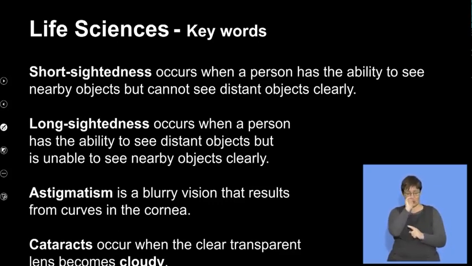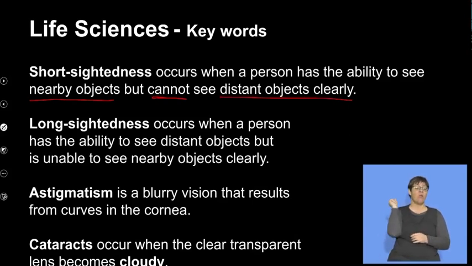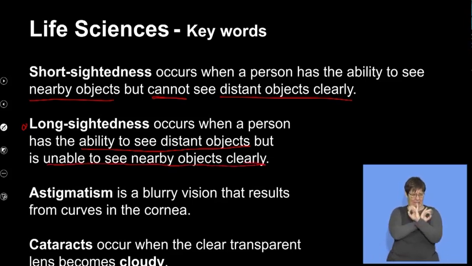Keywords here: short-sightedness occurs when a person has the ability to see near objects but cannot see distant objects clearly. Long-sightedness occurs when a person has the ability to see distant objects but is unable to see nearby objects clearly.